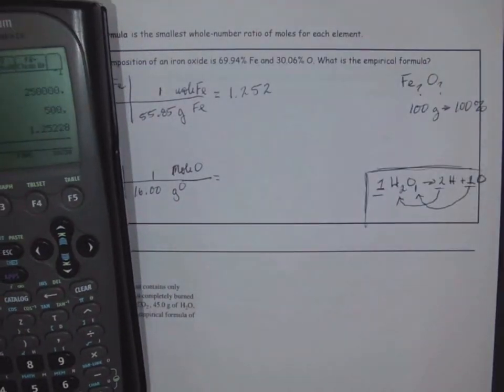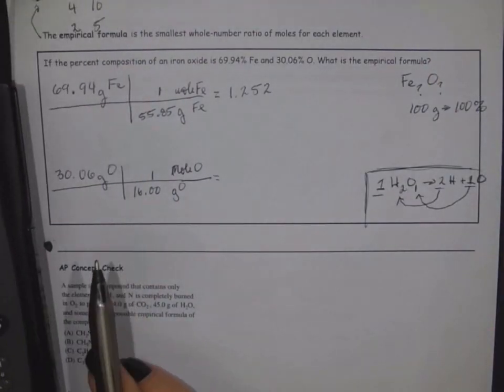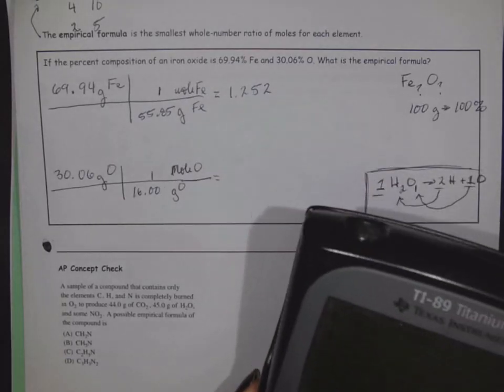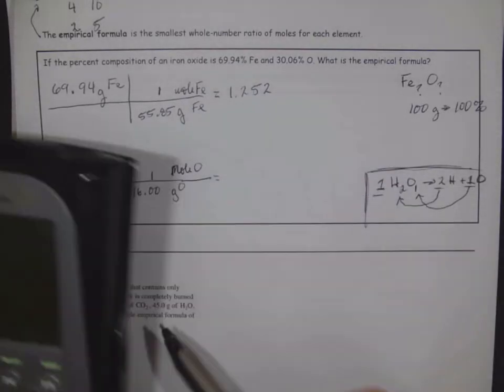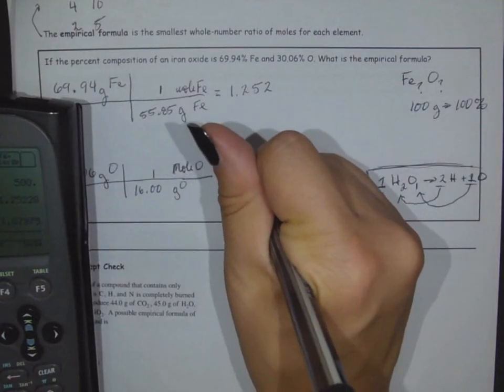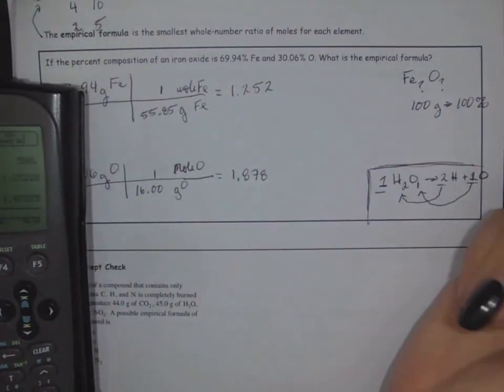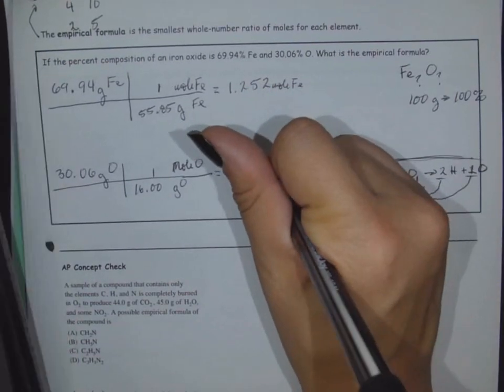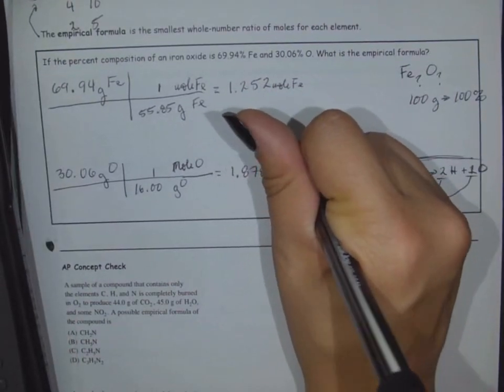And then I'm going to do the same thing here, 30.06 divided by 16, and I get 1.878, etc. This is my moles of iron. This is my moles of oxygen.